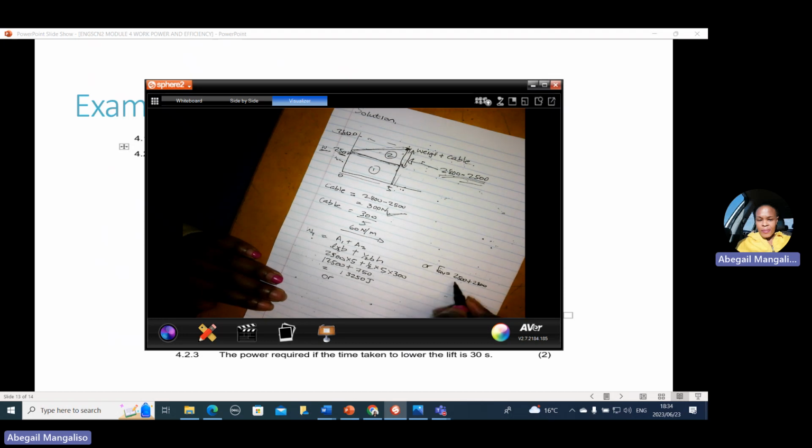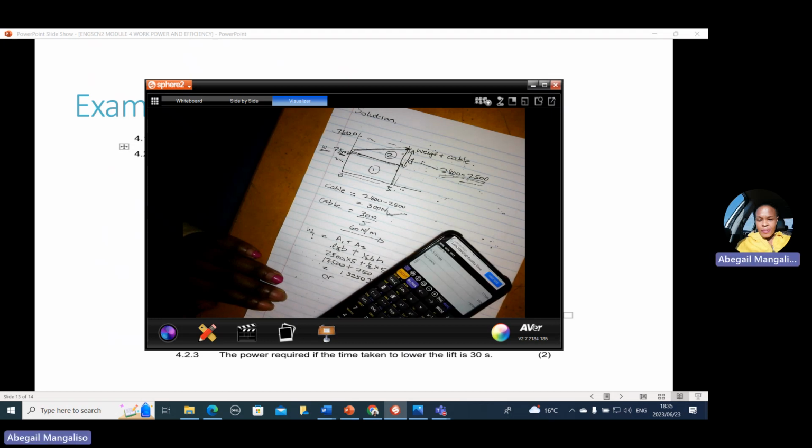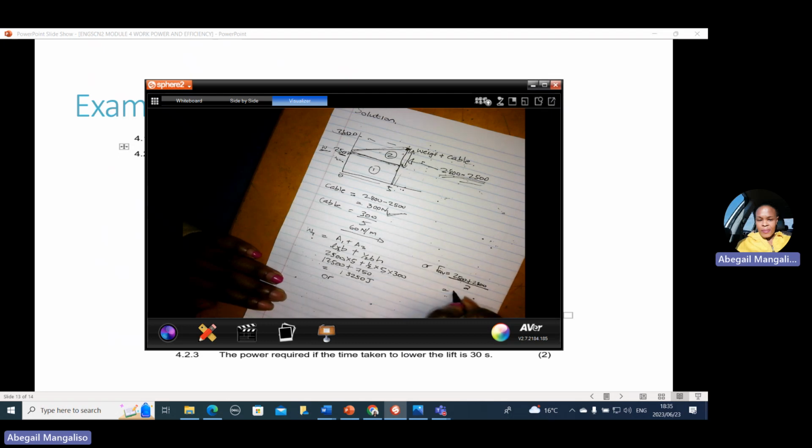To get the average between the two forces, you divide by 2. So 2,500 plus 2,800, then we divide this by 2. The answer is 2,650. So this is the average force.